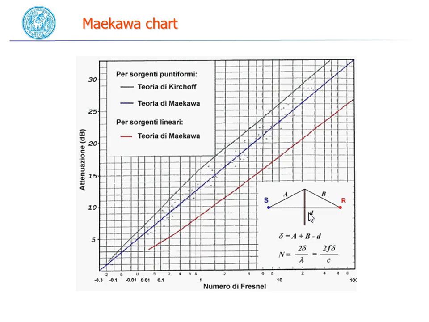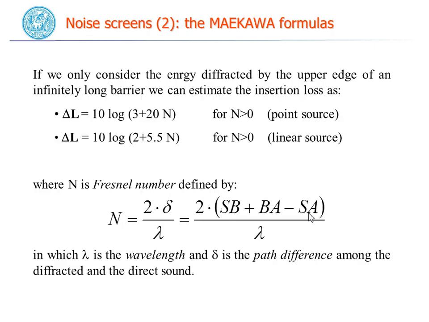Of course, the diffracted path is longer than the direct one. And to compute the Fresnel number, as I said, you have to divide this difference by lambda.